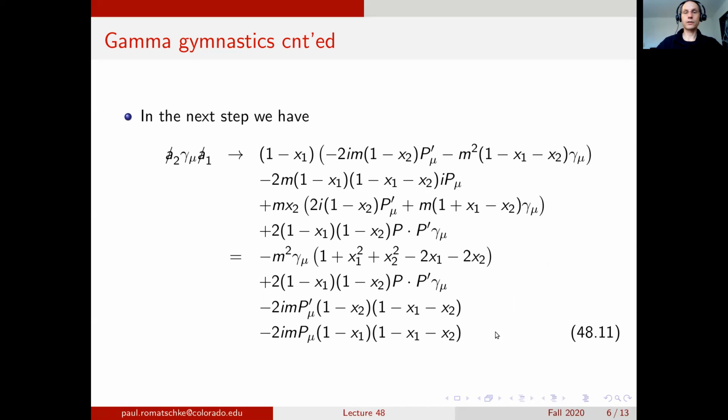And we can write those in the end as terms that involve a gamma matrix and the Feynman parameters and M squared. There's a contribution that involves P dotted into P prime and the gamma matrix. And there are two contributions that don't have any gamma matrices, but just have the momenta P prime and P.